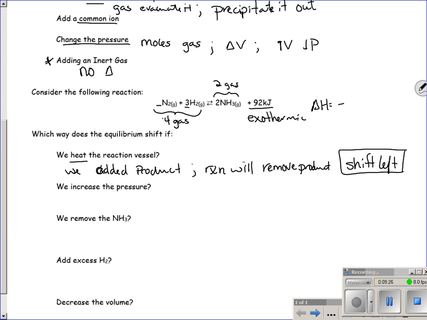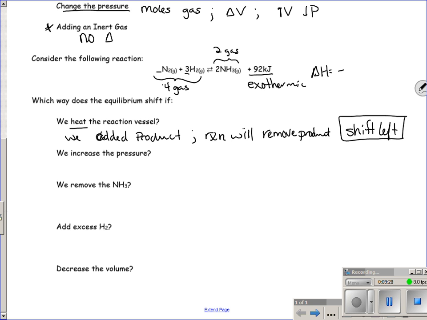If we increase the pressure, the reaction will do the opposite, so it will decrease the pressure, which means that it's going to make fewer moles of gas.